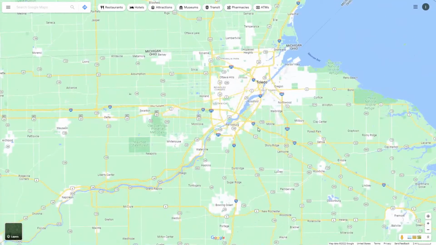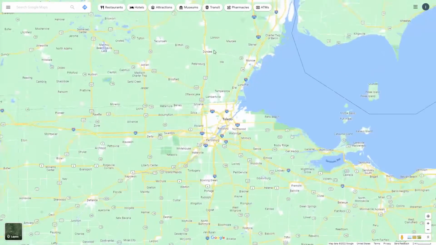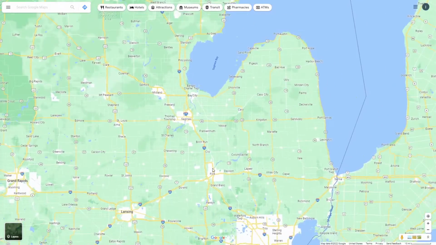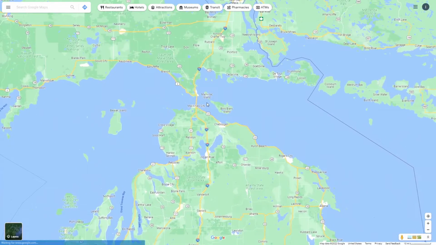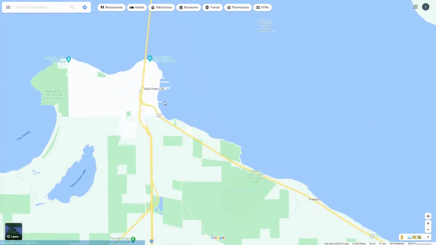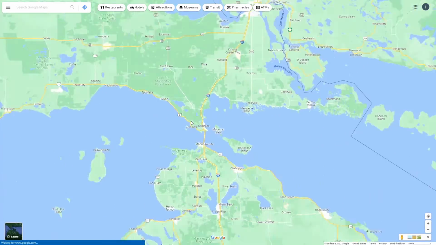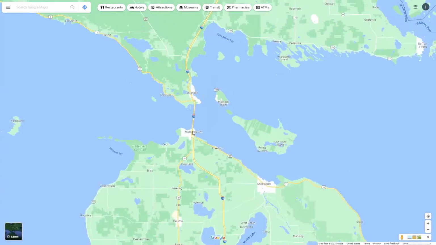So let's see, Route 23. Let's follow it all the way up here, and it looks like it goes up into Michigan, all the way up here. So it looks like Route 23 happens to end right here in Mackinac City in Michigan.